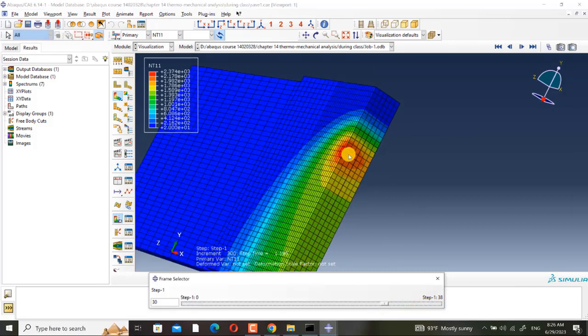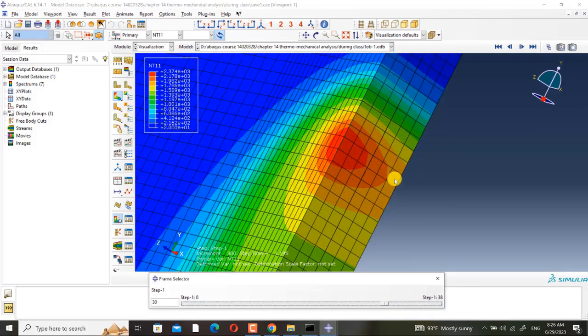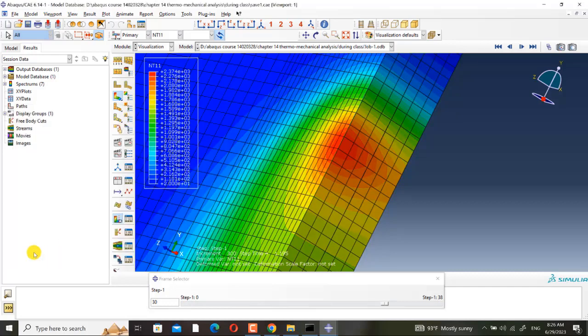And you can see the profile of the temperature along the thickness. And if you see the orange color, or let me increase the number of colors, even this laser is powerful enough to melt this region, okay, this region, because you can see the temperature of this region.